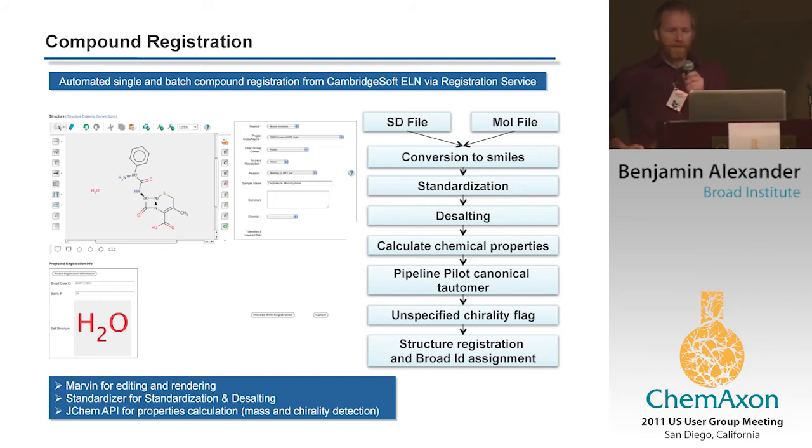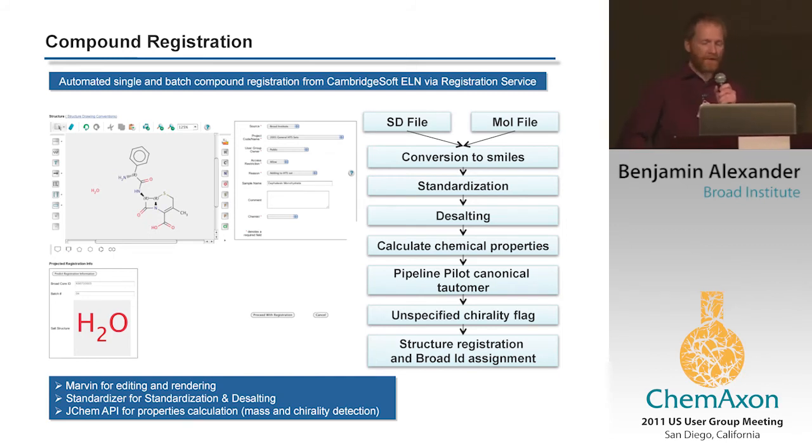We perform a canonical tautomerization, and then find any molecules that have an unspecified chirality, and then we go ahead and register them. And all of this is done with ChemAxon tools, though in this picture there is one step that's done with Pipeline Pilot, just for historical reasons. But that also will change.